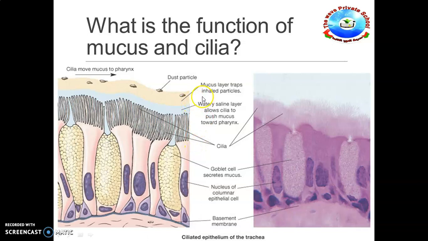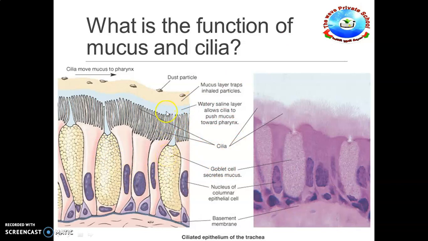So by this we can understand that the mucus layer helps us by trapping the inhaled dust particles. That mucus is secreted by the goblet cells.